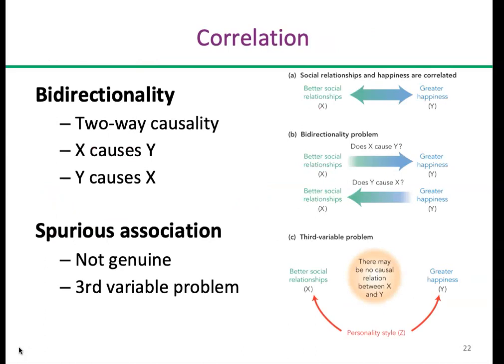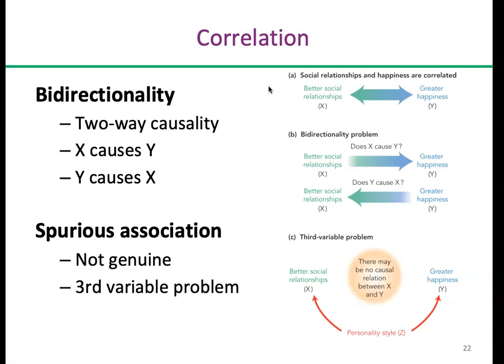So with correlation, you can have bidirectionality and spurious association. Okay, so for bidirectionality, you can have a two-way causality. You can have X causes Y or Y causes X associated with, right? Or you can have a spurious association, which is not genuine, and there is a third variable problem. Okay, so let's go back up to A there. So A, social relationships and happiness are correlated.